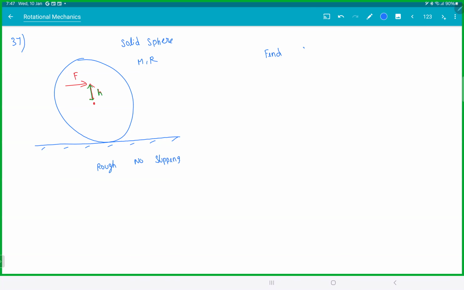Find the acceleration of center of mass and the frictional force on the solid sphere. Get this. So someone is applying a force F at a height h and they're pushing it. Find the acceleration of center of mass and the friction on the ground.